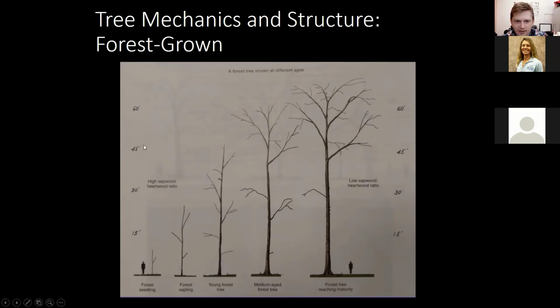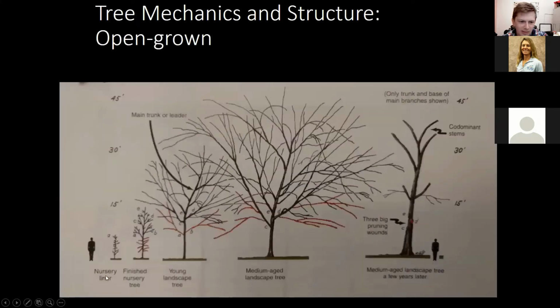But this is not the case in urban areas, which is something you'll encounter more over the lifespan of a tree. You'll have a little nursery tree that grows up, and when you put them in urban environments, a lot of times they grow outward instead of upward. This depends on tree species. There are certain trees that will grow outward much more rapidly and readily than other trees. But over the course of the life of a lot of trees, we call this form decurrent, where it's kind of circular or outward.